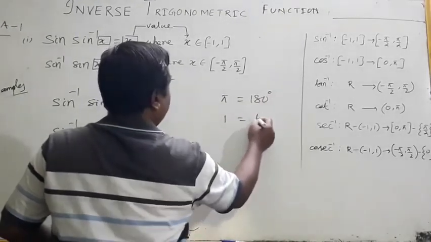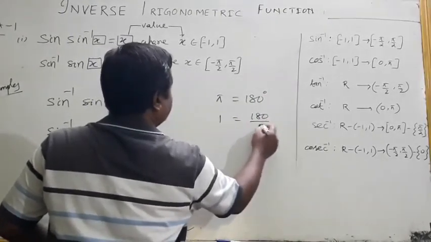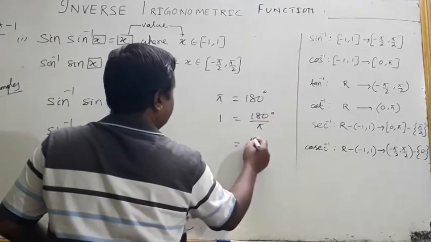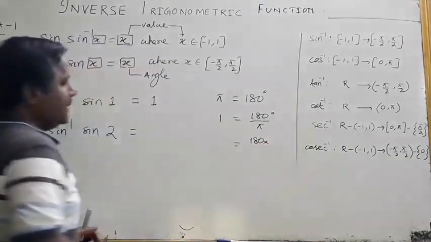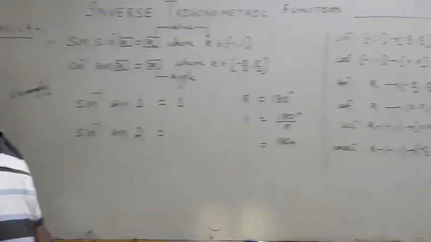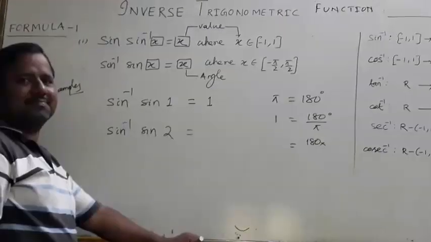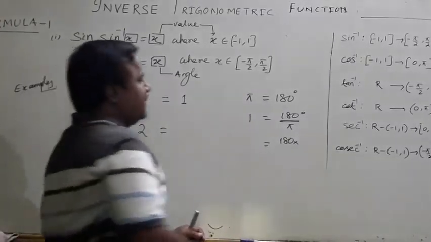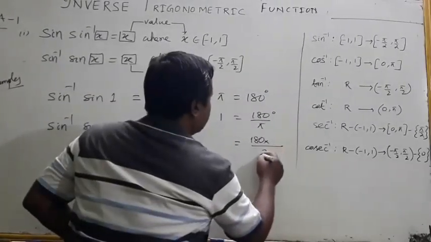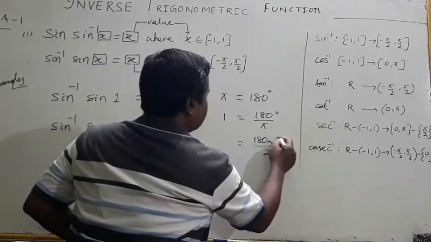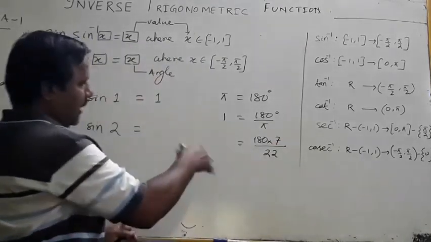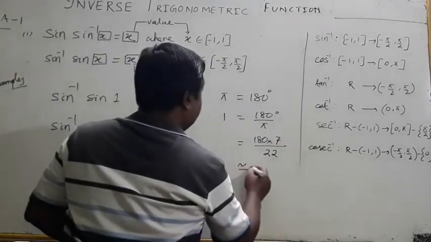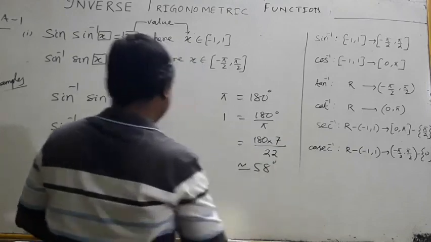So 1 is 180 by pi degree, that is 180 into 7 by 22, since the value of pi is 22 by 7. After solving, it is nearly equal to 58 degree.